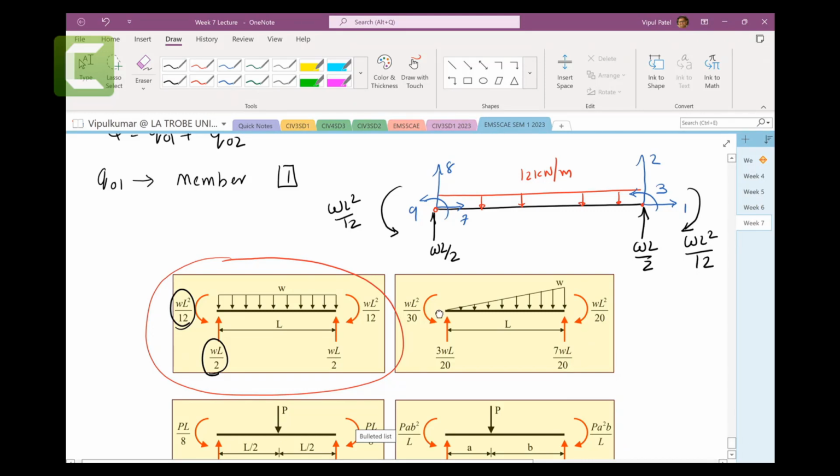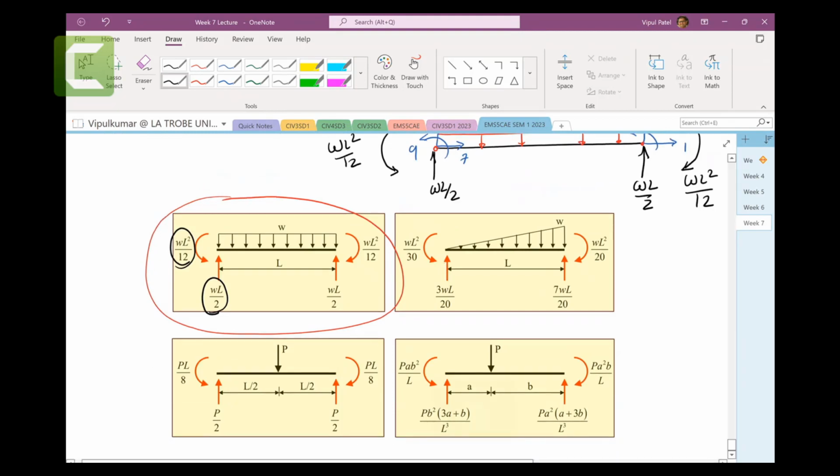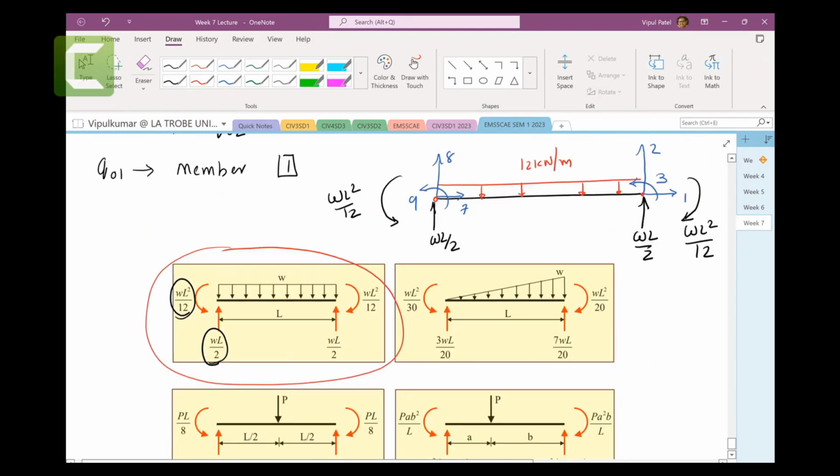I think so far so good. It makes sense, I believe. Now, in here, we have WL by 2. So to calculate WL by 2, 12 kilonewton per meter times the length of 4 meters, over 2. So this cancels 2, and this would be 24 kilonewtons.